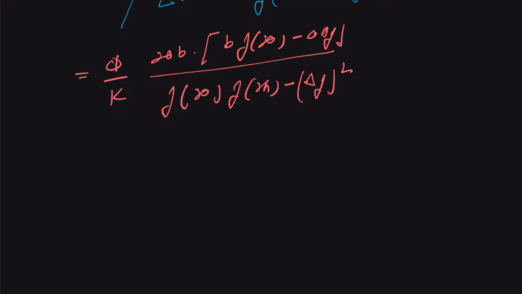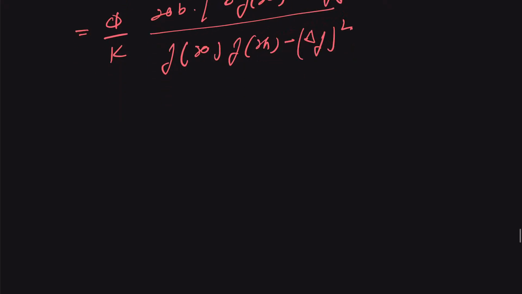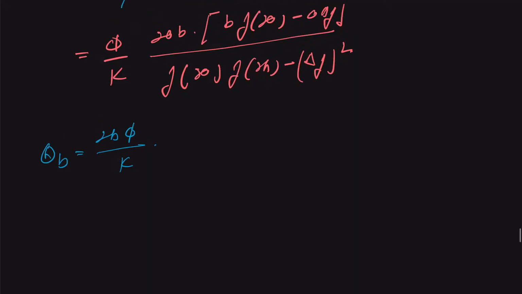And we can keep as it is, but as per the question, we get that the charge on B will be equal to twice B potential times K, and rest we can put as it is, substituting delta of F back.